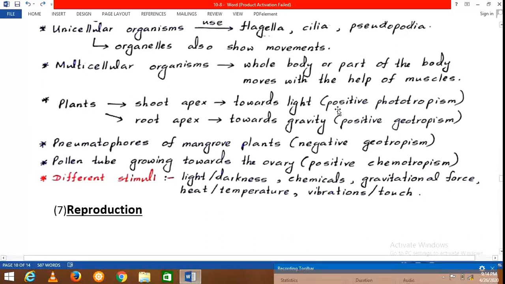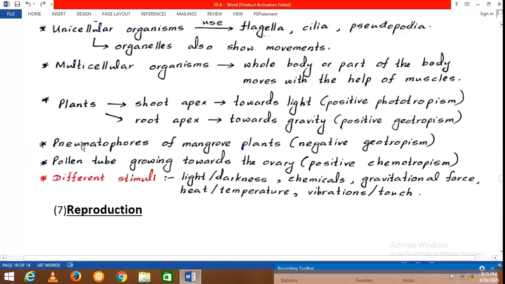We call it a positive phototropic movement or positive phototropism. You have learned about these in grade 9. Then the root apex grows or moves towards gravity, that is the ground. Therefore, we call this positive geotropism or negative phototropism.